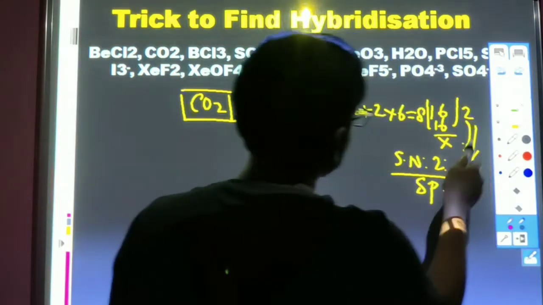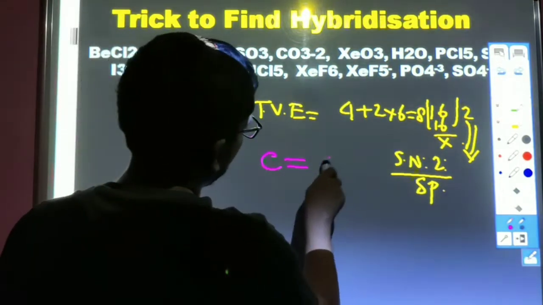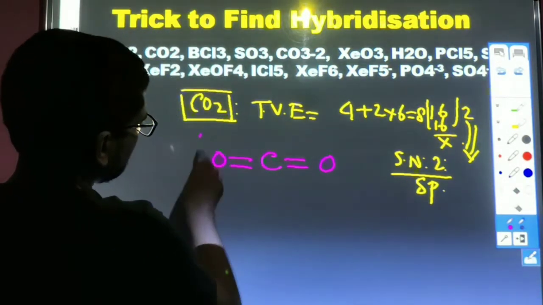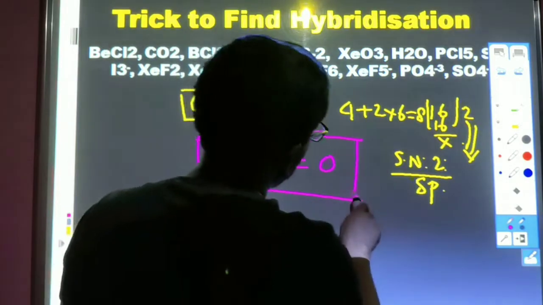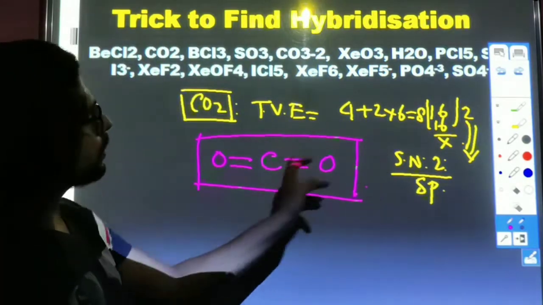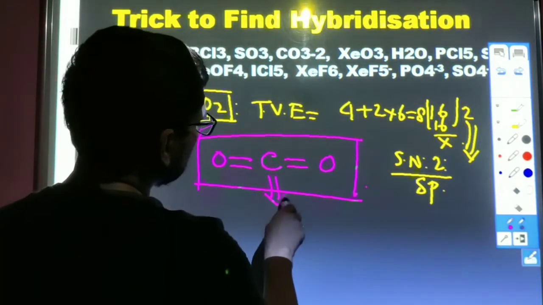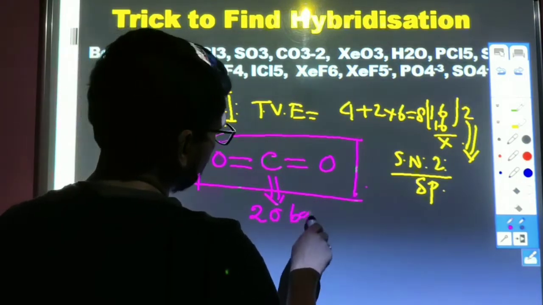So what will be the structure for that? C double bonded O, this is basically the structure for CO2. From that you can see the hybridization, because here 2 sigma bonds are there.